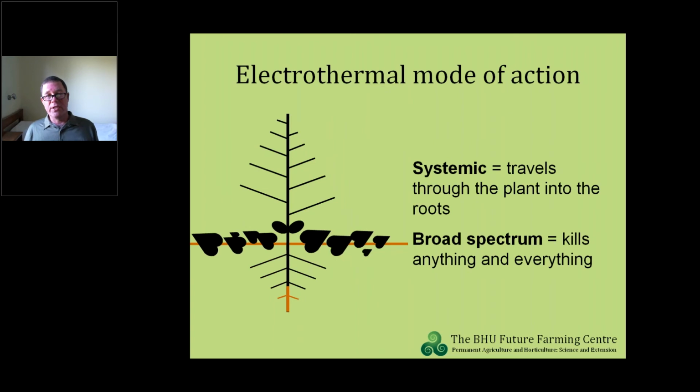So it's systemic in that it travels through the plants like Roundup, but instantaneously instead of over several weeks. And it kills by boiling, physically turning the water in the plant into steam, so it kills absolutely everything. So for me, this is why electrothermal has massive potential in future, because it's systemic and broad spectrum like Roundup, but without chemicals.